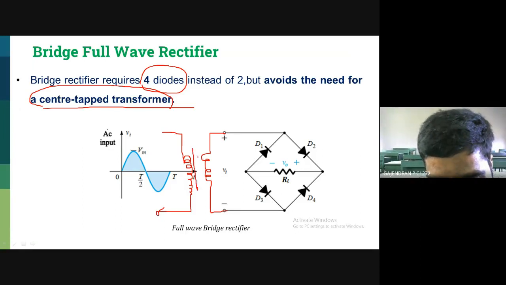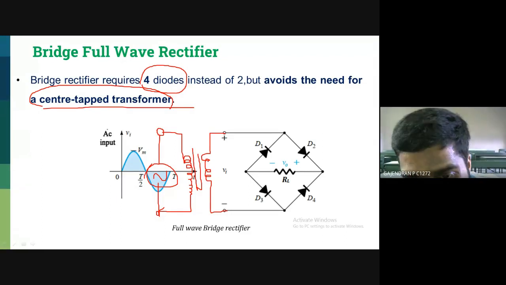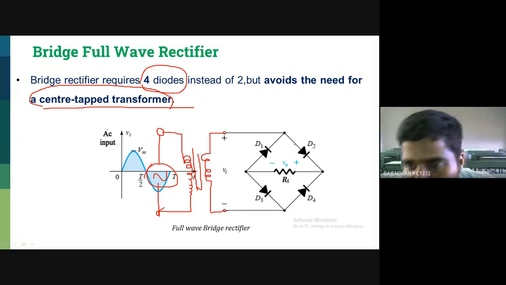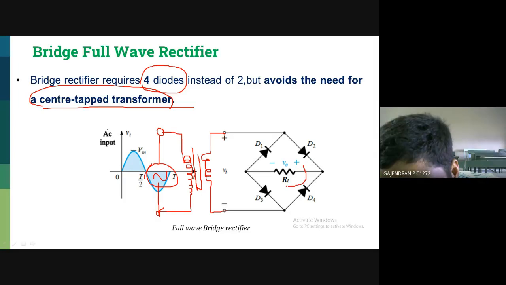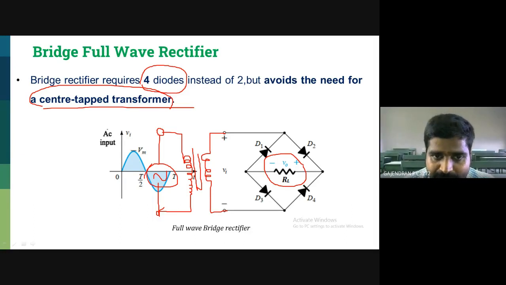Where can I give the input supply? I can give the input supply to the primary winding of my transformer. Then it is very similar to the half-wave rectifier. It will step down the voltage. Then the stepped down voltage is applied across the bridge. The bridge arrangement gives the output to your load voltage. Is it clear up to this? Please take down this circuit diagram.